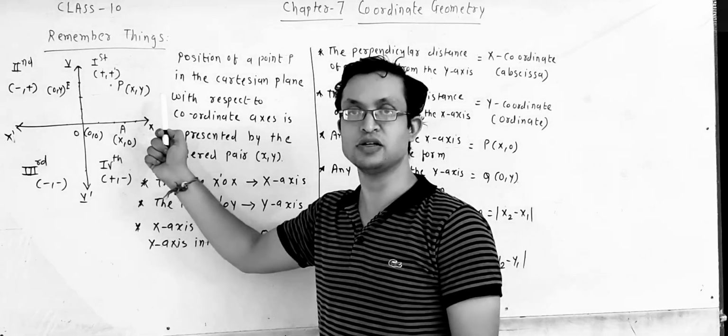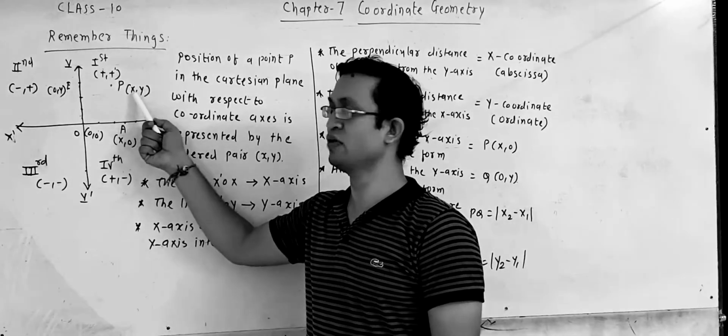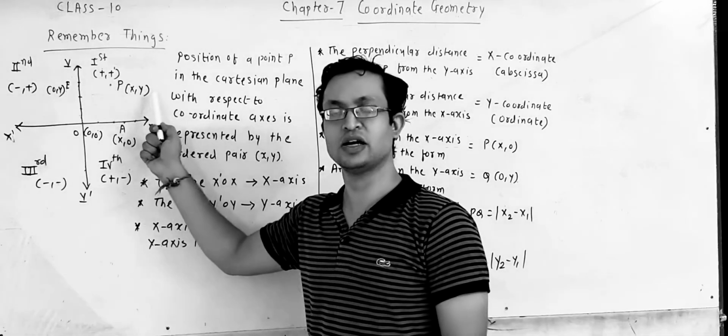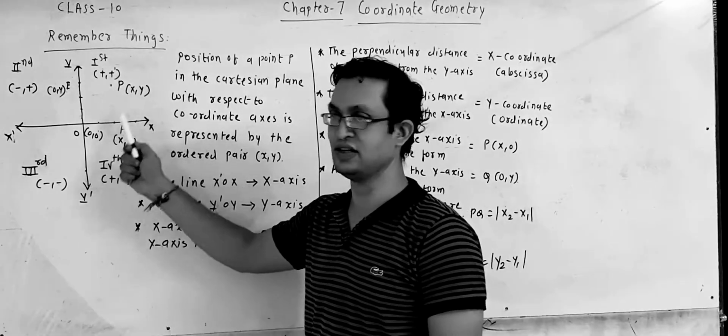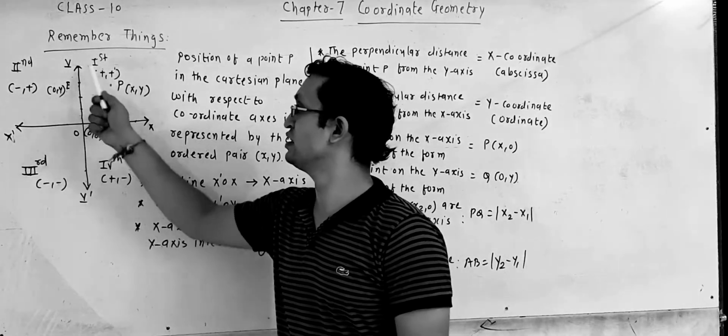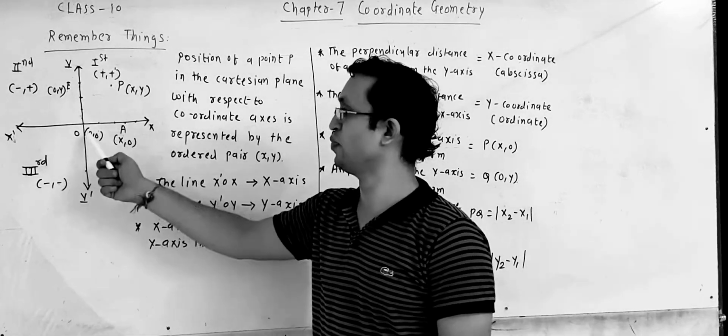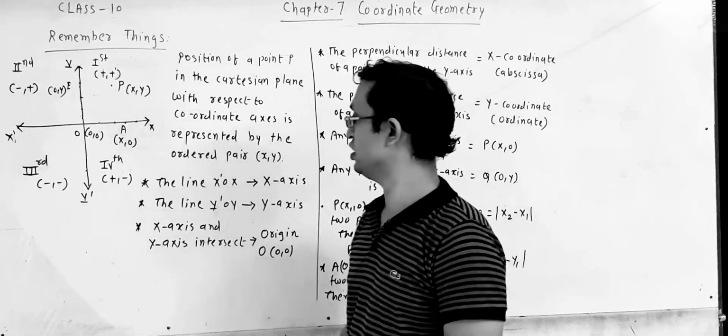P(x, y) is an ordered pair. The first coordinate is always on the x-axis and the second coordinate is always on the y-axis. Here X'OX and Y'OY intersect at a point, and that point is called the origin.